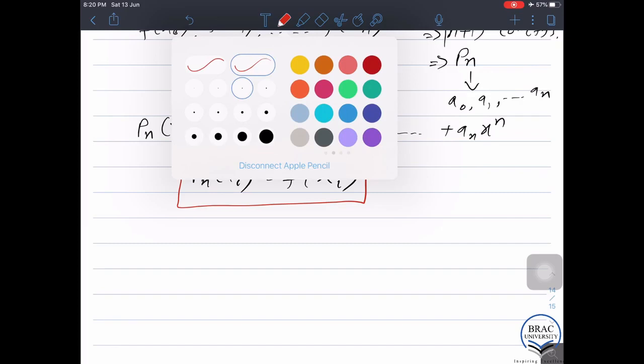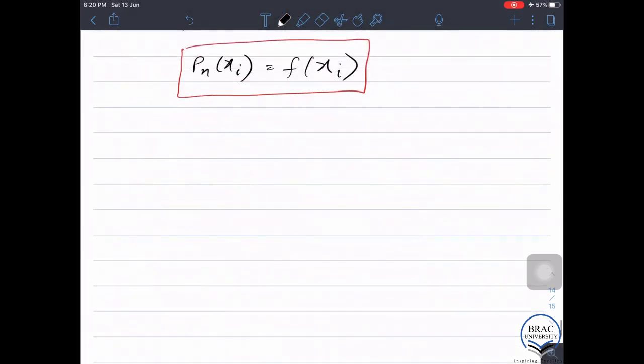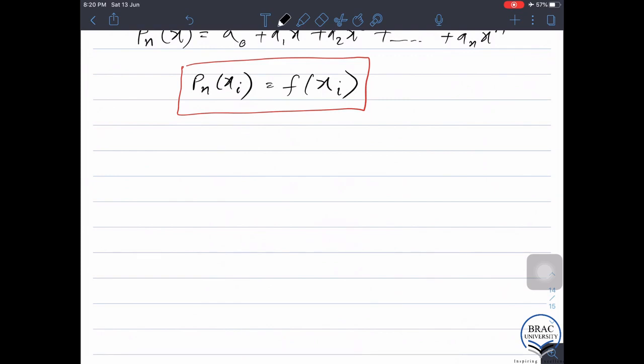Okay, so now let's calculate the constraints. The first condition is that a0 plus a1 x0, which means I'm calculating the polynomial at point x0, plus up till an x0 to the power n, should be equal to f of x0, right?